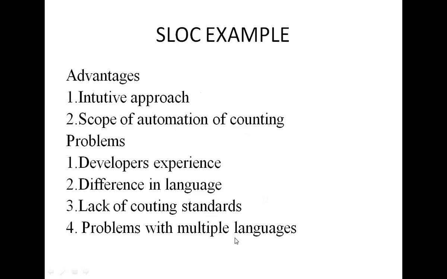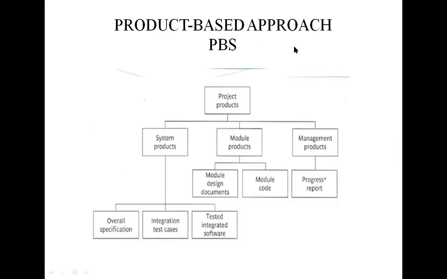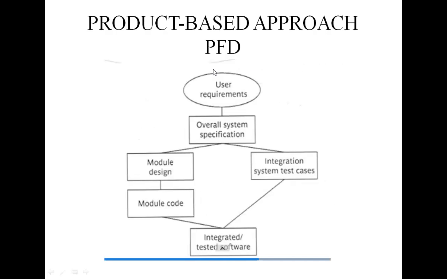In the activity approach we use the work breakdown structure, where we divide the work into subparts. In the product-based approach we have the PBS, the product breakdown structure, where the product is divided into subparts, and then the PFD, the product flow diagram. After representing the PBS, we move to the PFD.